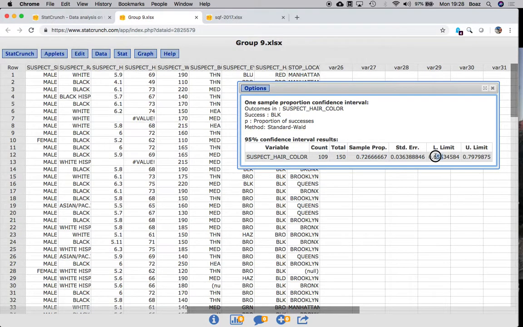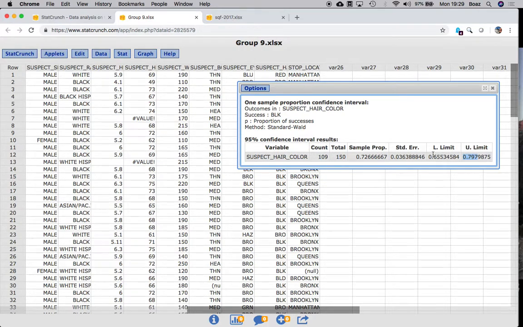And over here, the confidence interval is from 65.5% or 0.655 up to 79.79%, or, well, I guess 80%. So between 65 and 80% of our population would have black hair. And again, this is the sample, and the population in this case that we're taking it out of is all the different stops.